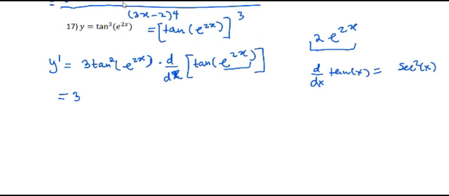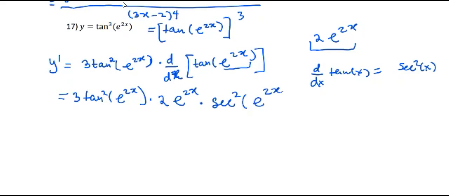This is going to be 3 tan squared of e to the 2x, times the derivative of the inside, which is 2e to the 2x, times the derivative of this tan function, which is just secant squared of e to the 2x.